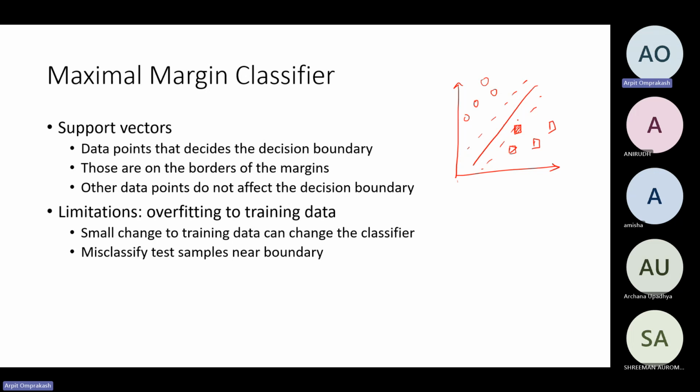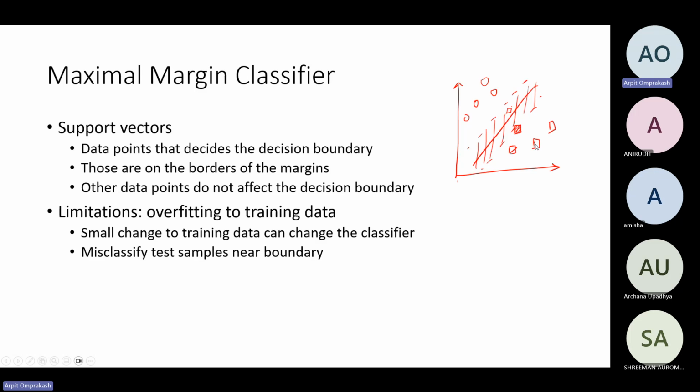So let's say you have a point which is basically of this class, but it falls somewhere here, slightly over the boundary. So the maximal margin classifier classifies this as a circle. This is basically this class. However, this is not. So it tends to misclassify samples that fall within the margin or close to the boundary. Right.